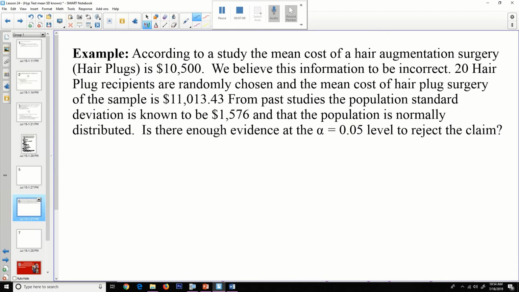All right, so we go through again. We're going to do all of the steps. So one, we have to verify our assumptions.